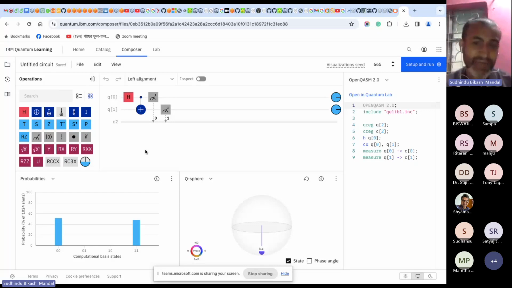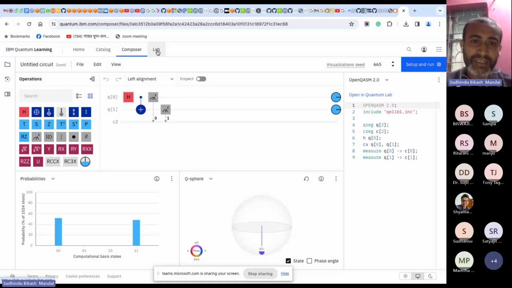They can become habituated with quantum computers, because IBM has a motivation to transfer knowledge to the school level. That's why they designed this Composer. But you can't do a lot of things by using this Composer.